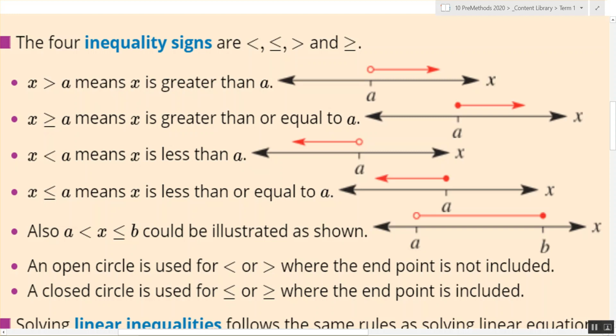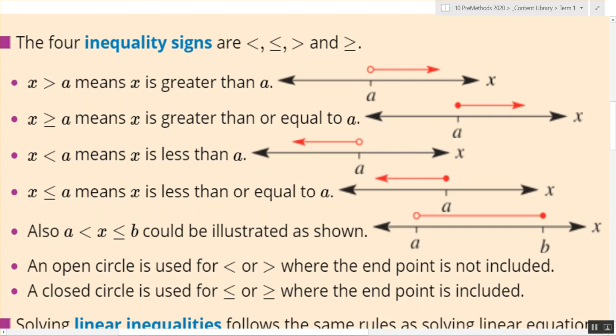If it was greater than or equal to, what would happen to the circle? We fill it in. So now, x is greater than or equal to 3, or 3 is less than or equal to x. Okay? So because I filled it in, the equal sign is there. So write yourself a note.